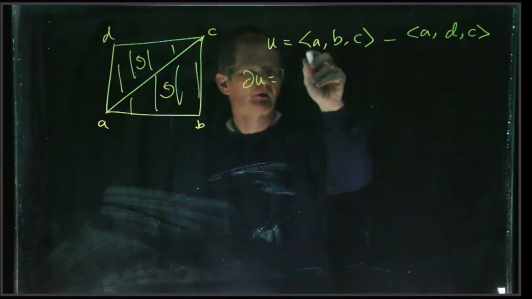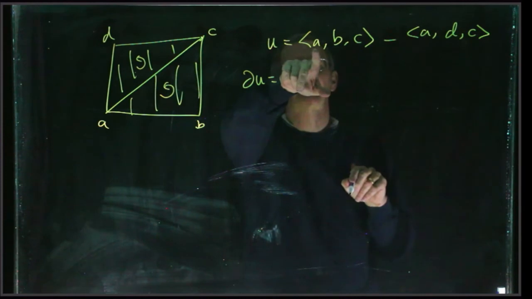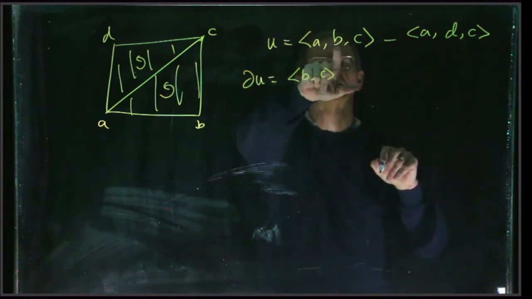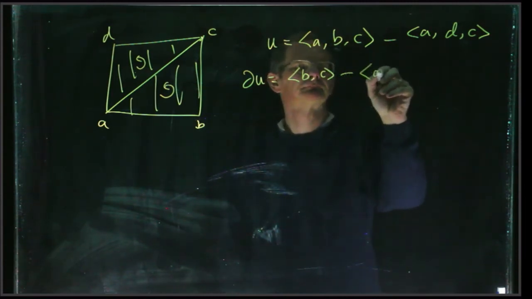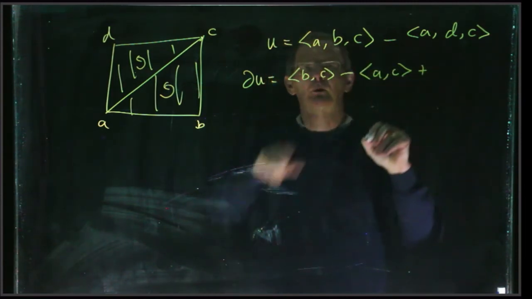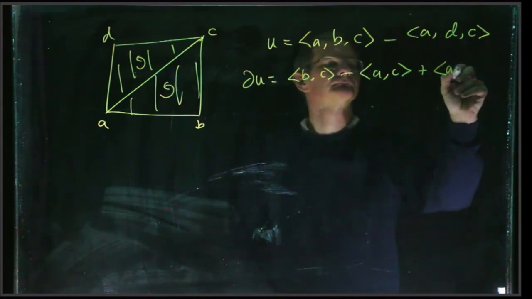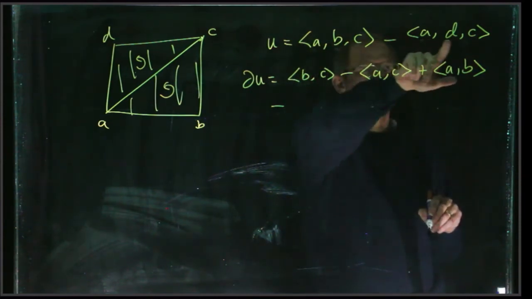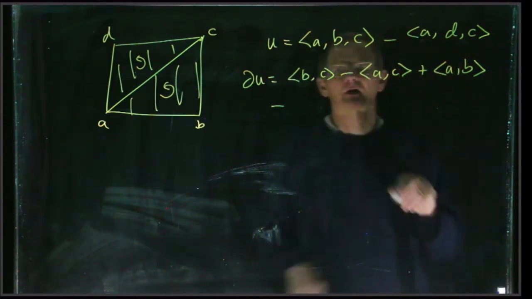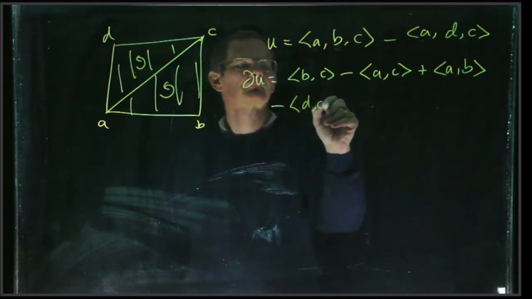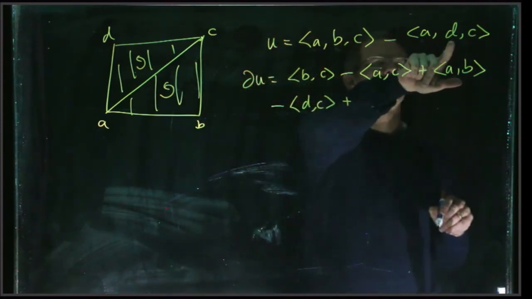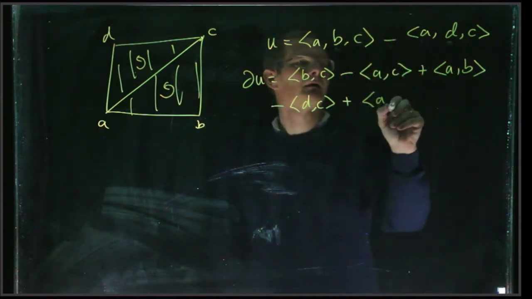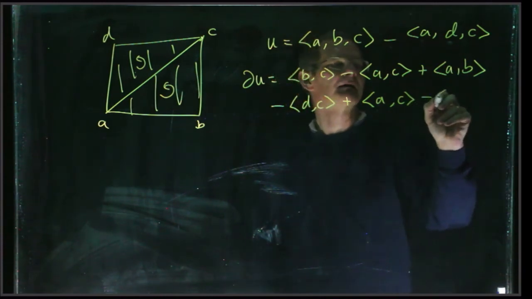Okay, so for the boundary of the first one, you omit the thing in position 0, leaving BC, and then you omit the thing in position 1, but with a minus sign. And then you omit the thing in position 2 with a plus sign. And then here, you omit the thing in position 0, go to DC, and you've got that minus sign you already had. And then you omit the thing in position 1 with an extra minus sign, cancelling that one, so you get a plus AC, and then minus AD.